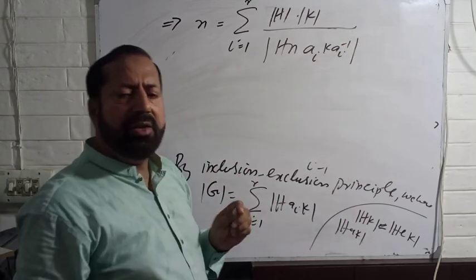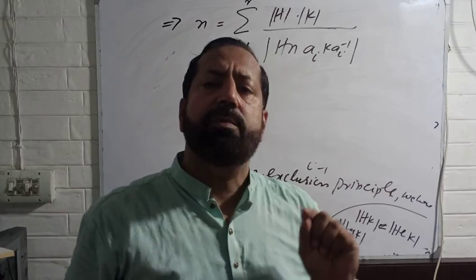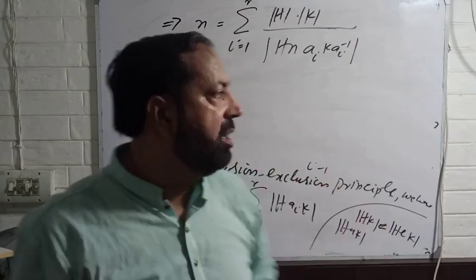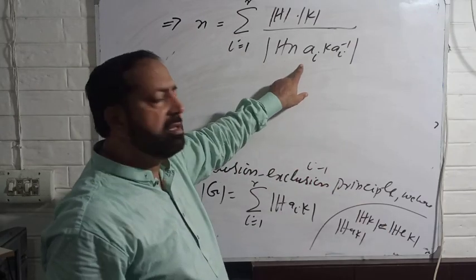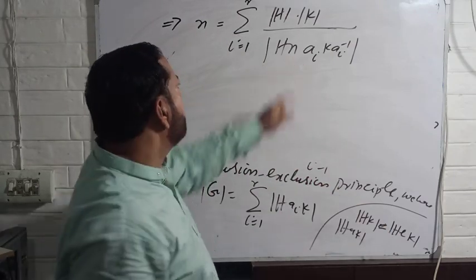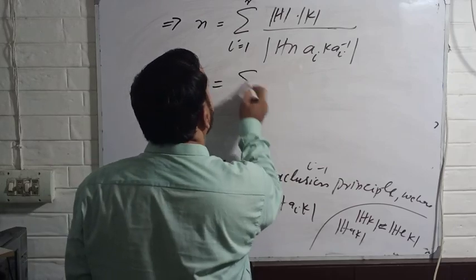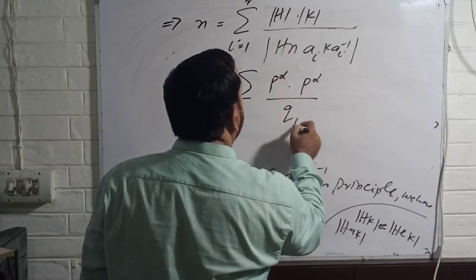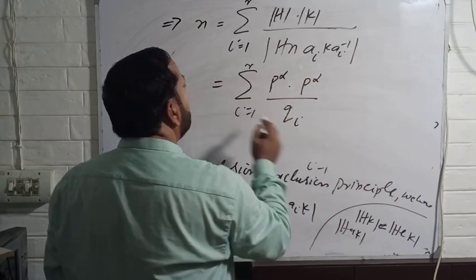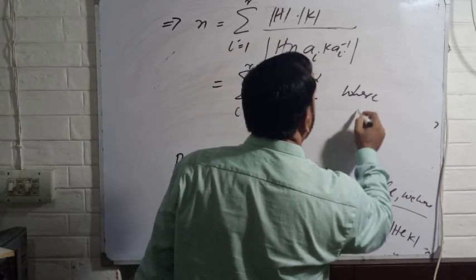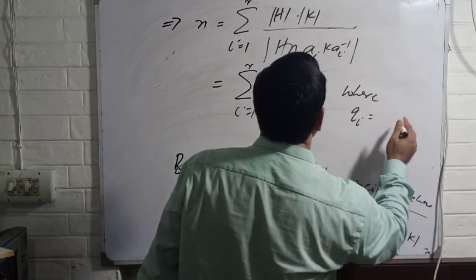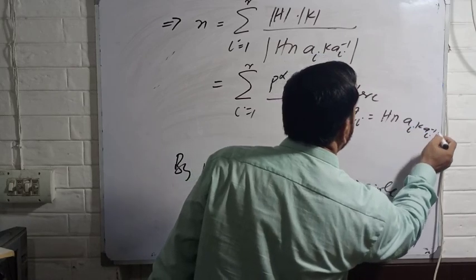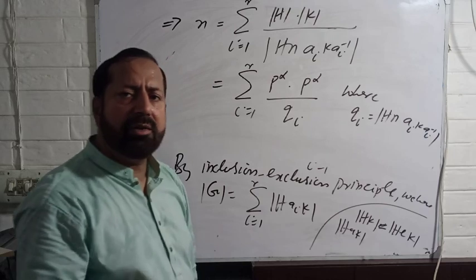You know that H is a Sylow p subgroup and K is a Sylow p subgroup. So the orders of H and K are both p power alpha. And what is the order of this? Its order is qi. This is equal to p power alpha into p power alpha over qi, I is from 1 to r, where qi is equal to the order of H intersection AiKAi inverse, which we have established in the last theorem.